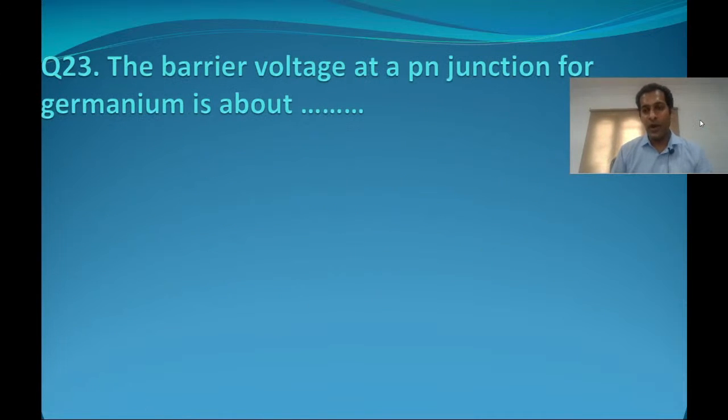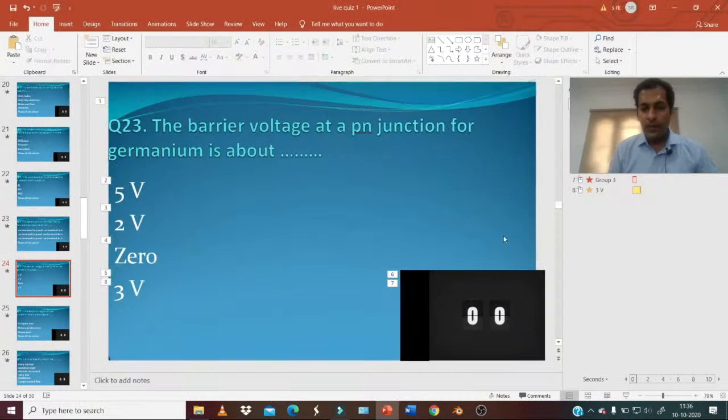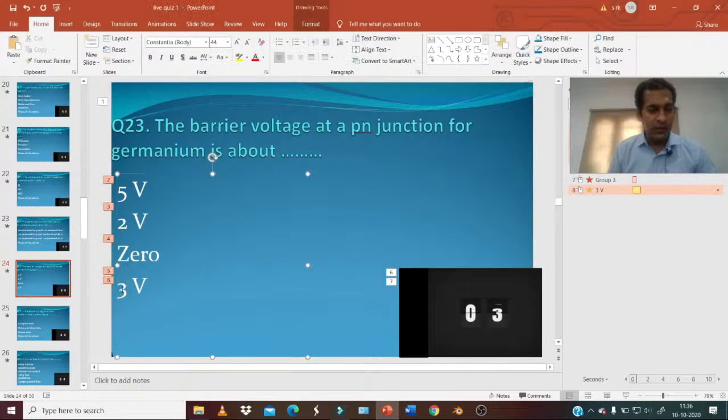It should be opposite. The barrier voltage at a PN junction for germanium is about, what is the barrier potential? Either 5 volt, 2 volt, 0, or around 3 volt. We have discussed the barrier voltage. The barrier potential is something which is created due to the movement of electrons and holes. Here we have some correction.